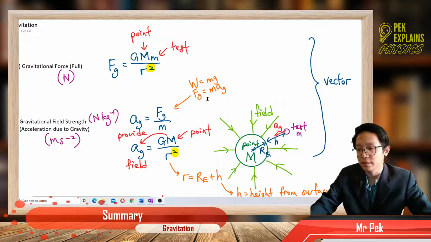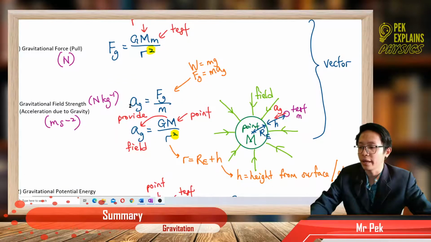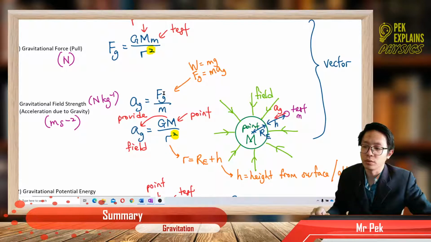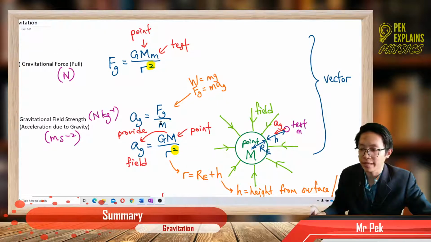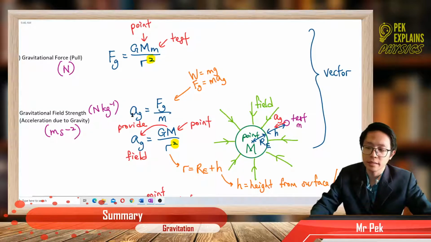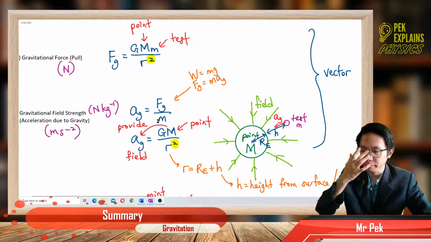Now the mass divides below, so we have Ag equal to force over test mass. This m is the small m, the test mass. So gravitational field strength is actually force per unit mass, Newton per kilogram.